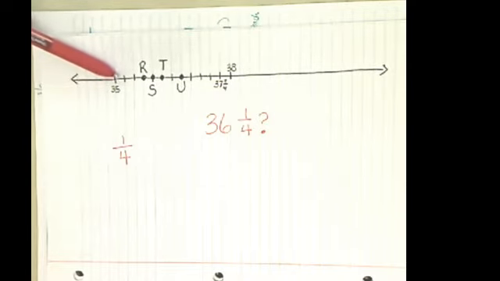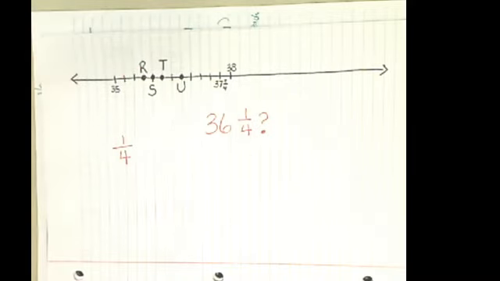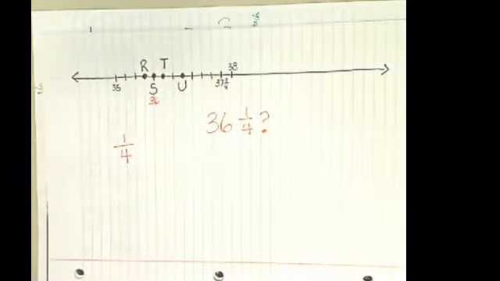Well, if this is 35 and 1/4, 35 and 2/4, 35 and 3/4, 35 and 4/4. 4/4 is also another 1, so 35 and another 1. This is 36. But the question is not asking for what is 36.